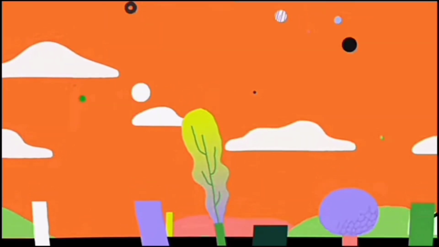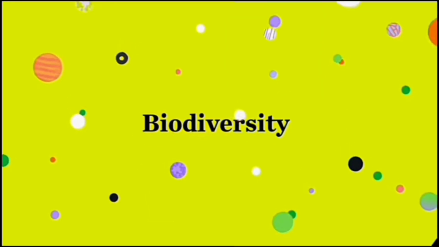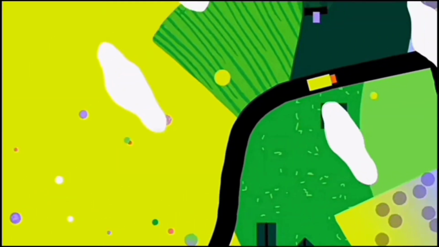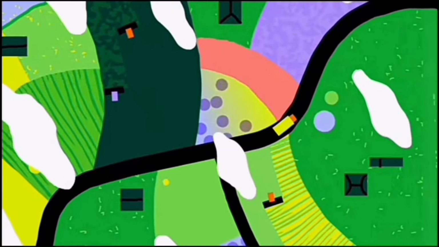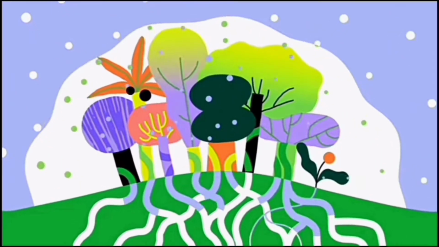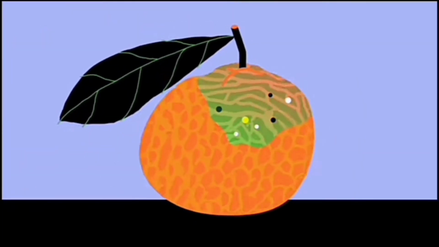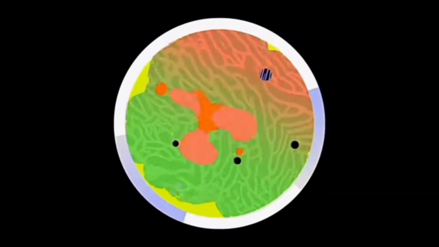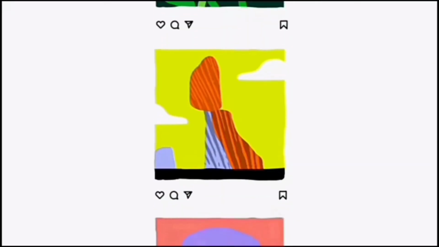And get this, biodiversity, that's the assortment of life on Earth, is super important for maintaining the health of our environment, not to mention our food supply and our economy, like the bees that pollinate our crops, or the forests that clean the air and filter our water. Penicillin? You can thank a fungus for that. And biodiversity deserves some credit for all the likes your vacation photos have been racking up.